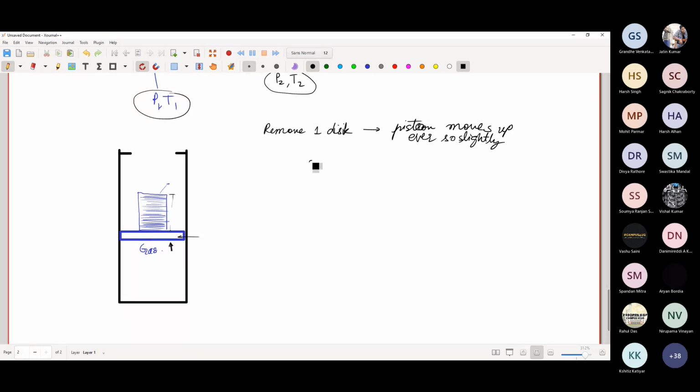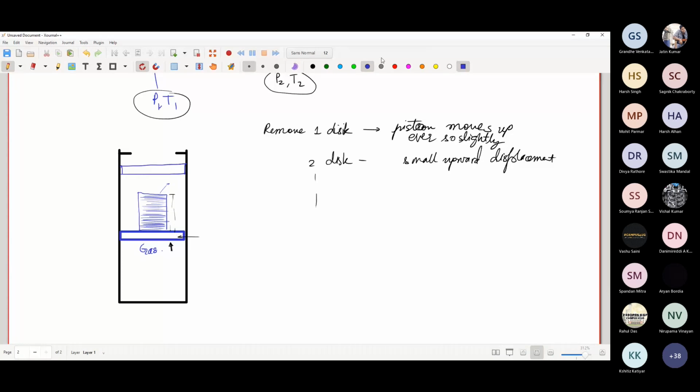All right. Now you remove another disc. Again, small upward displacement. So keep doing this, and slowly you will see that the piston finally reaches this spot. Okay.